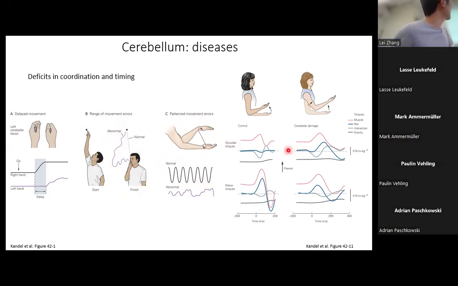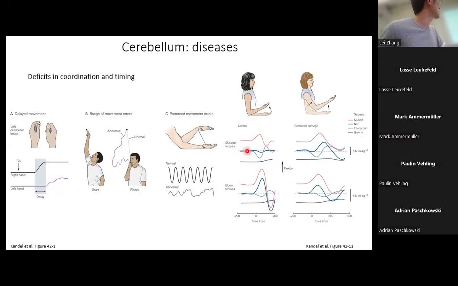Another test in the cerebellar patients is this double joint movement. If you flex your elbow joint, normal people will not move the shoulder, right? So you can somehow compensate for the interaction torque when you move the elbow. For example, here, this is a net torque.